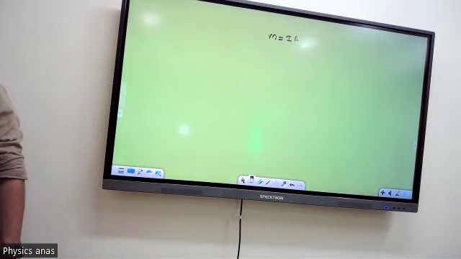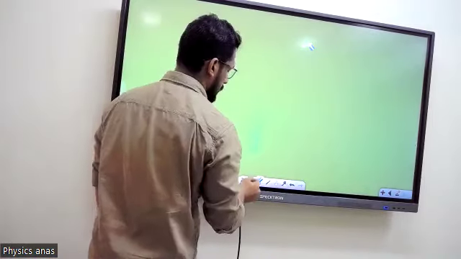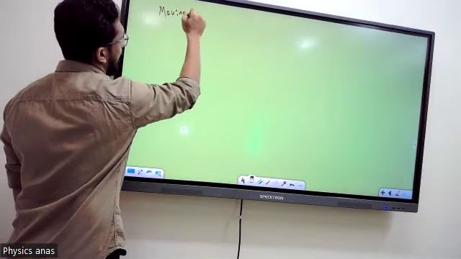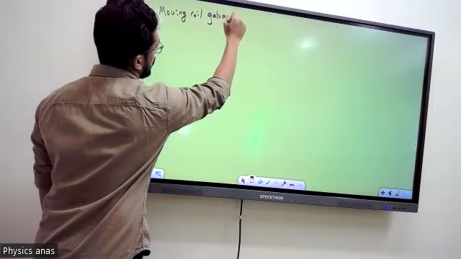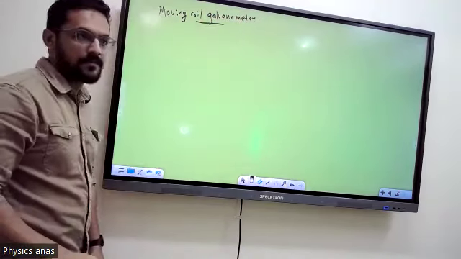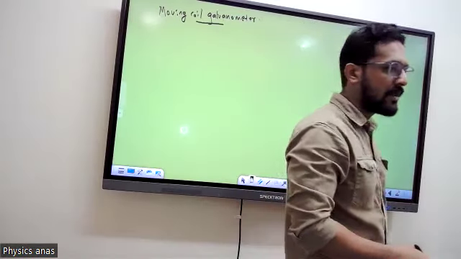Okay. Now we are going to look at the moving coil galvanometer. Very important topic. What is the use of a galvanometer?